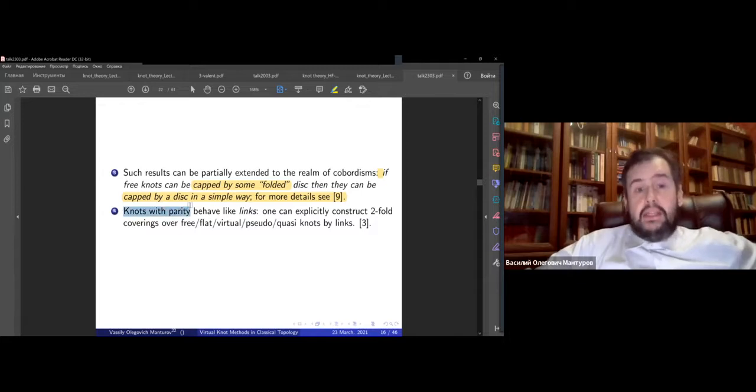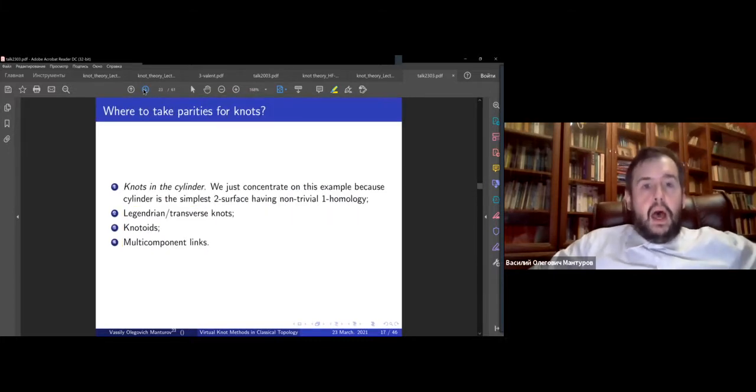And actually, parity says that knots can behave like links. Just find a good parity. Where to take parities? Well, I can say a couple of words about knots in the cylinder, because in the cylinder we have non-trivial homology. I hope that we will prepare a second talk on knots in the cylinder.